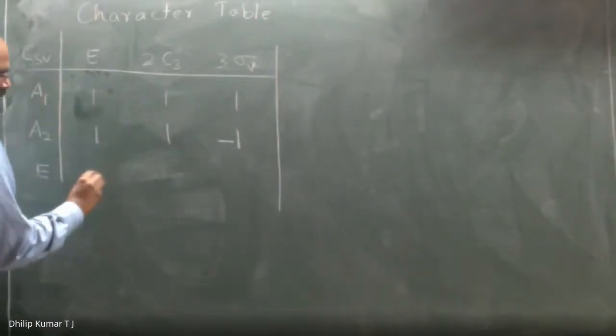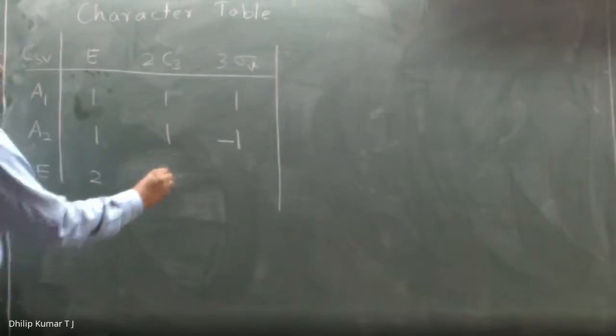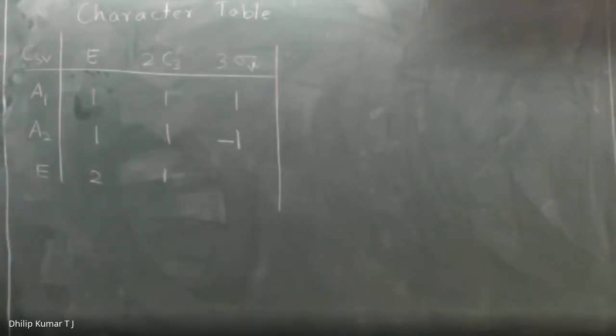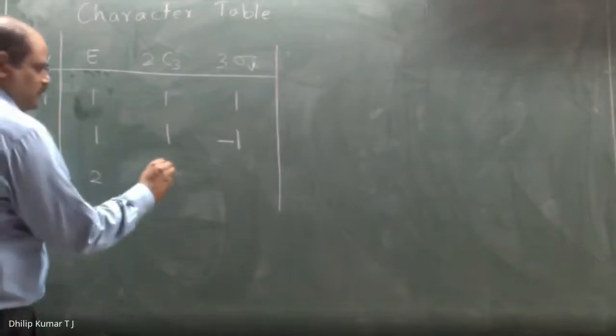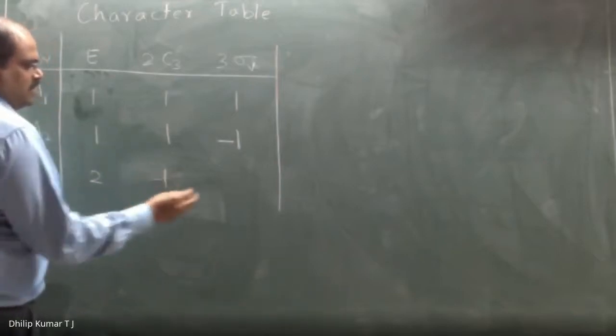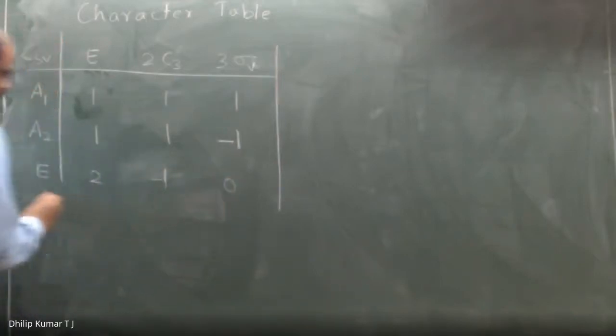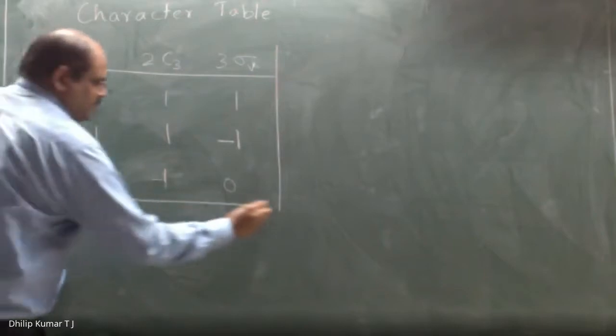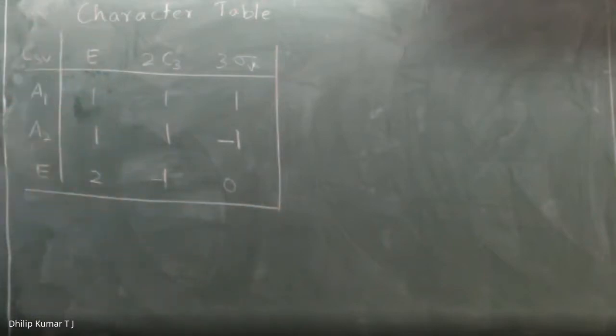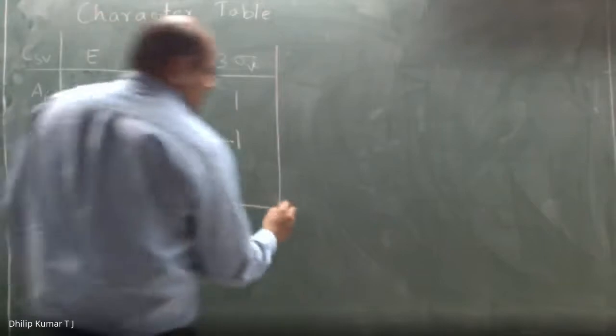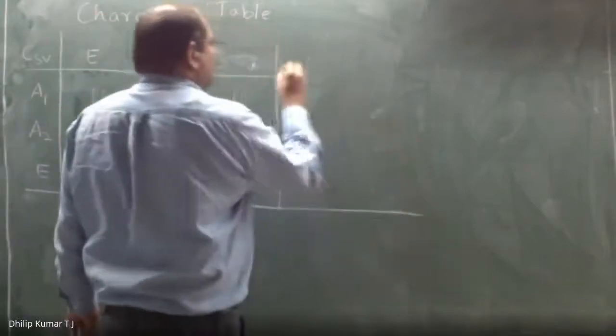And E is a 2-dimensional IR, so it will start with 2 under E, and this will be 1 or minus 1, I would say this is minus 1, and 0. So you don't have to memorize. We'll see how we got these numbers. You'll come to know there are some rules. I'm just writing the full character table for the C3V point group.